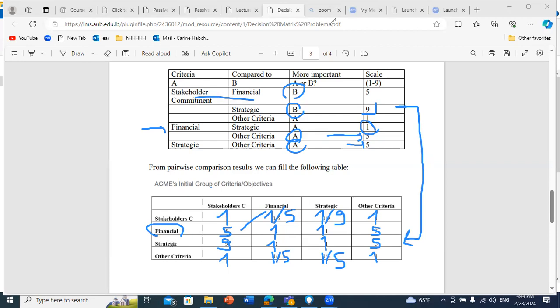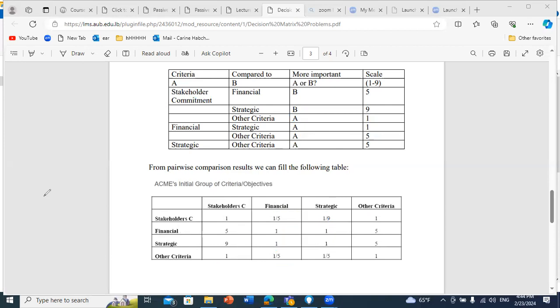Okay. And now, how to get the weights for each of my criteria? All I have to do is the following. First, the idea is to normalize. I will divide each number that I have by the total. So first you should do the total for each column.